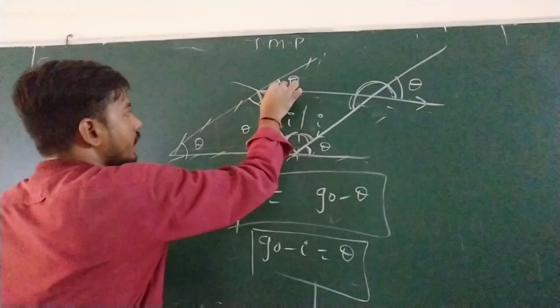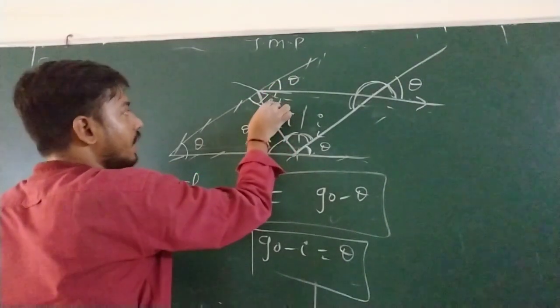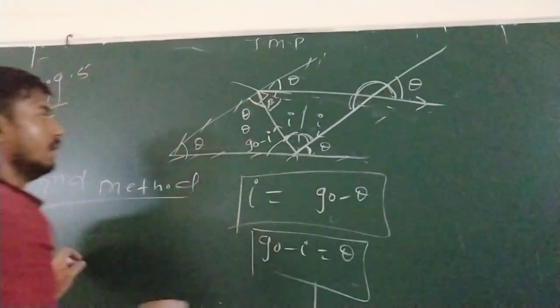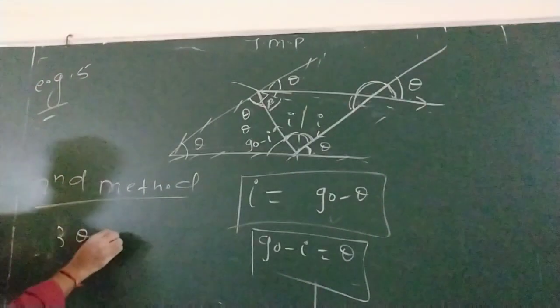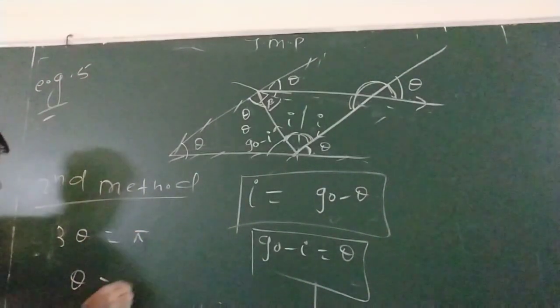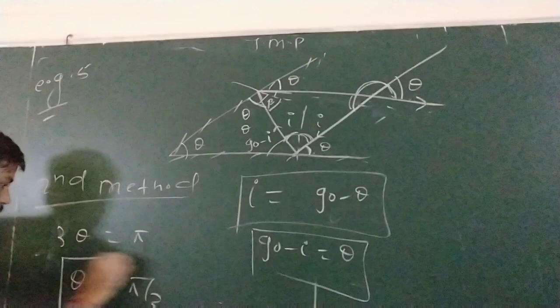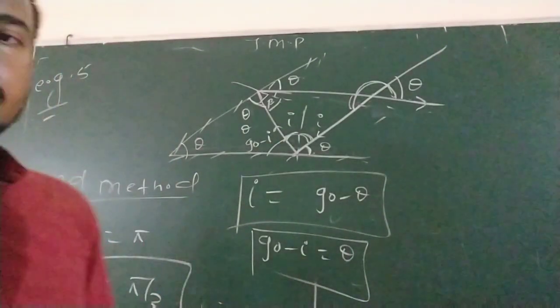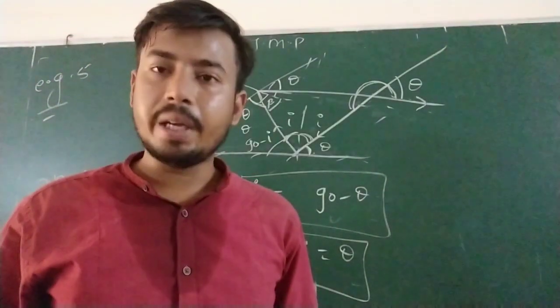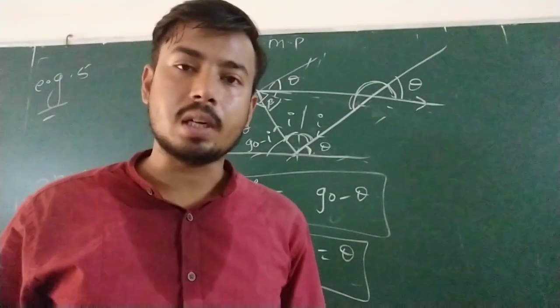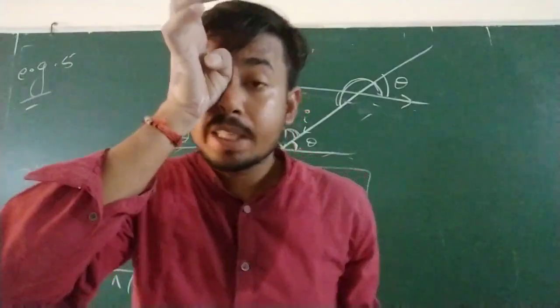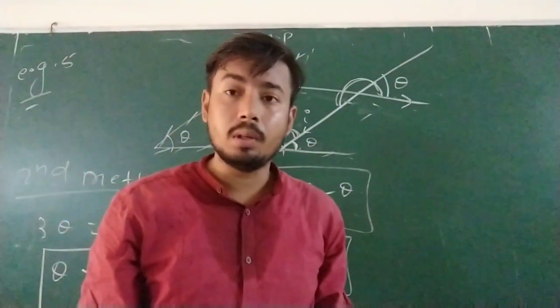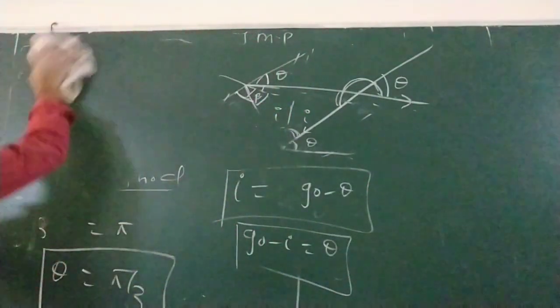So this is theta, so this becomes 90 minus theta. This is also 90 minus theta. So this becomes theta. So 3 theta is equal to pi. So theta is equal to pi by 3. Okay, so this is our fifth example. Just taking a break of 10 minutes, and after that we will start. So once again, guys, we are going to start another problem.